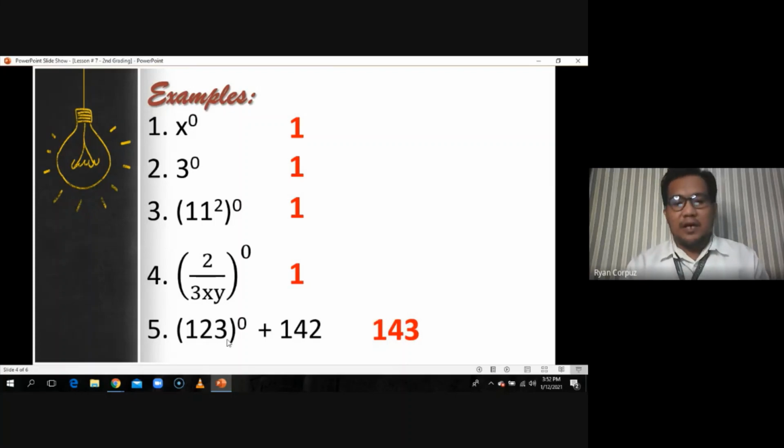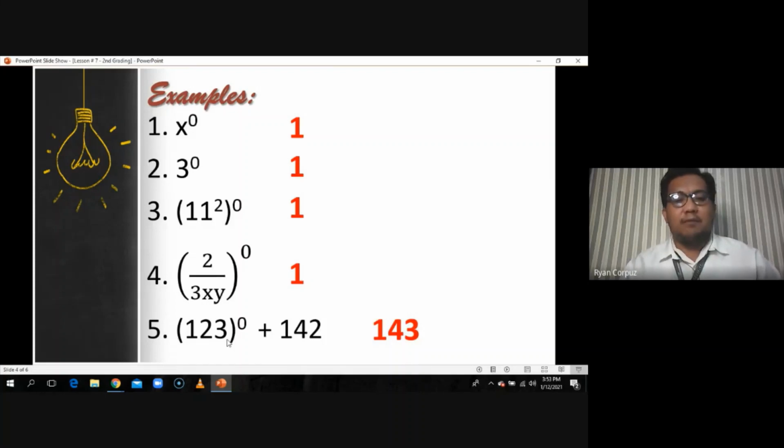The answer only changes when the given expression is mixed with other terms or values. Just like example number 5, we have plus 142. So 1 is the answer to 123 raised to 0, plus 142, and we'll come up with 143 as the final answer when we simplify example number 5.